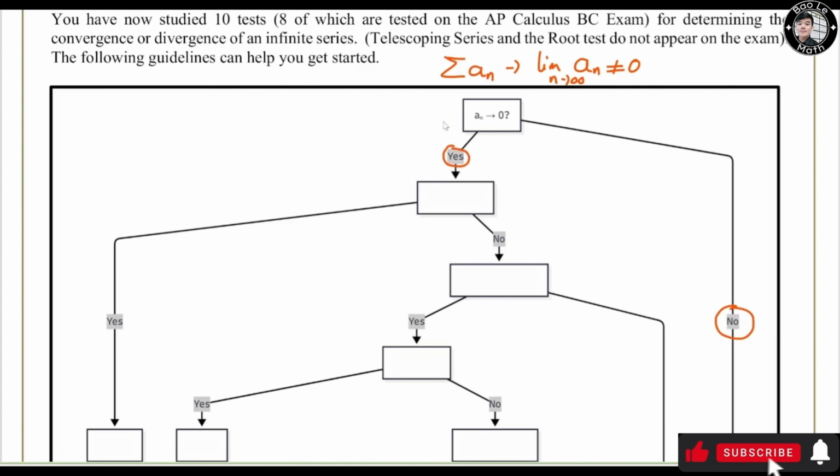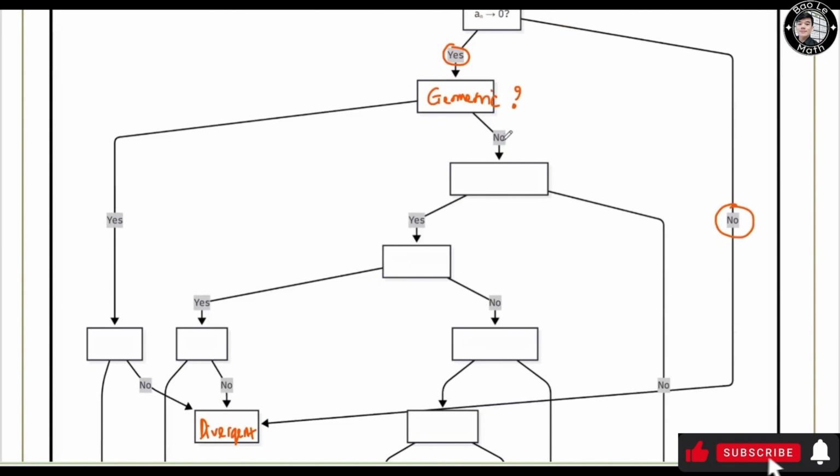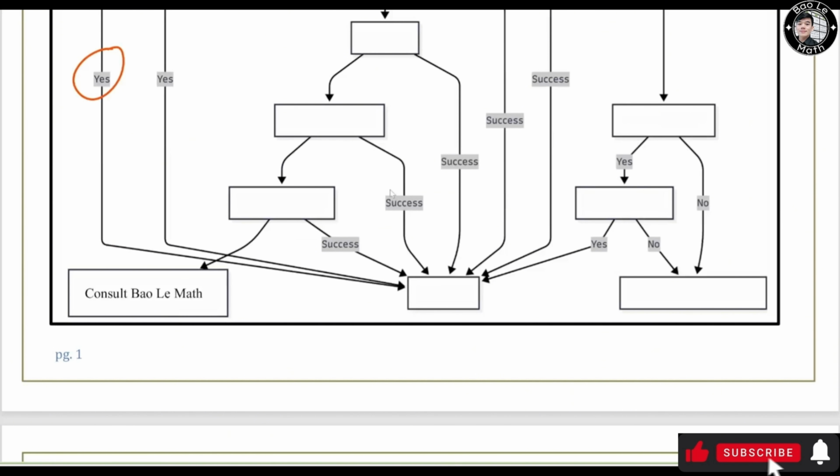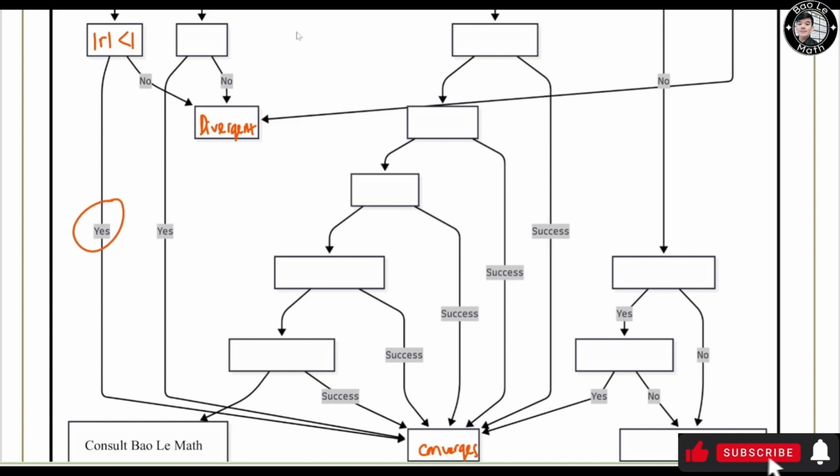You're going to check to see if the series is geometric. Now, if the series is geometric, then you're going to check the absolute value of the common ratio to see if it's less than 1. If it's yes, then the series converges. If it's no, then the series diverges.